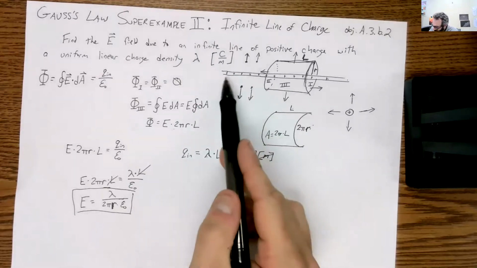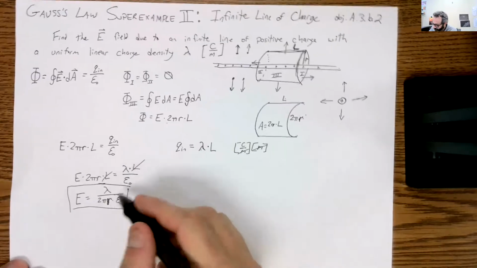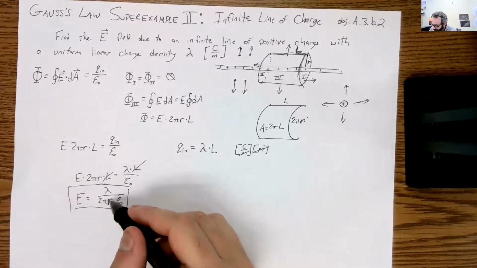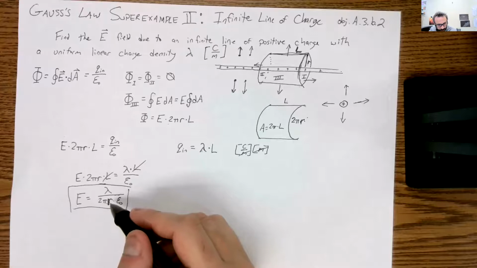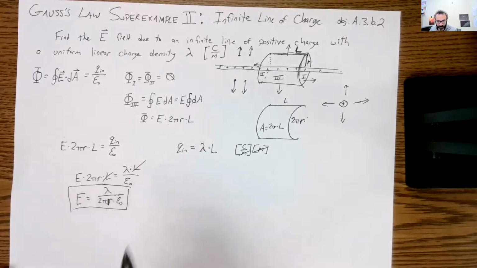For this long line charge, it doesn't fall off quite as fast. Instead of an r squared in the denominator, we just have an r. As you get farther away, the field does get weaker, but not as quickly as from a point charge. That's kind of because as you get farther away from the wire, the farther ends of the wire come into view a little bit better, is maybe a qualitative way to think about it.